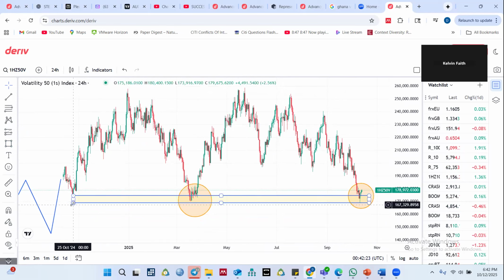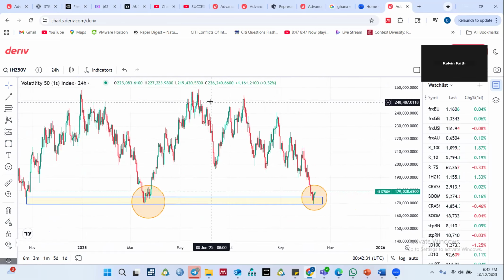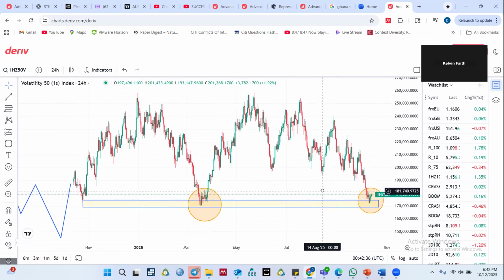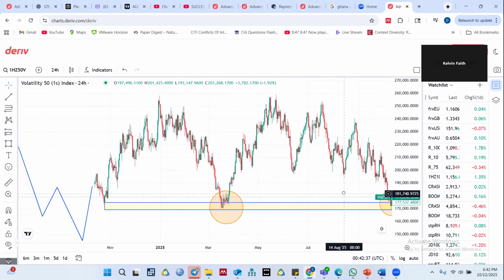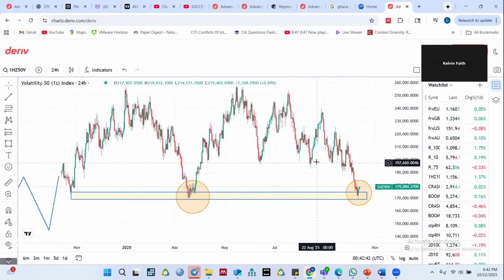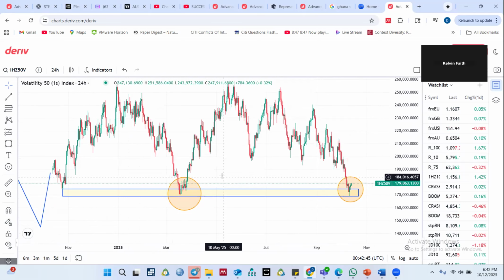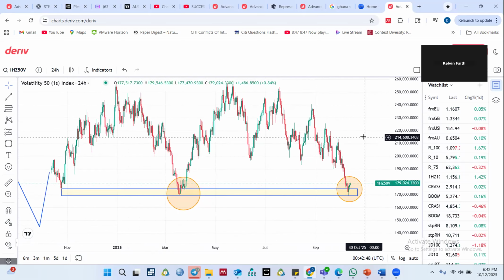First we get a hit, price takes off to the upside. We get another hit, price goes up. And then we've had another hit, and price is making a reaction.